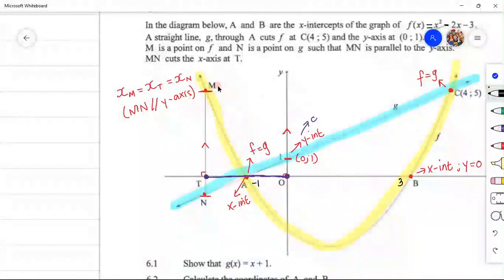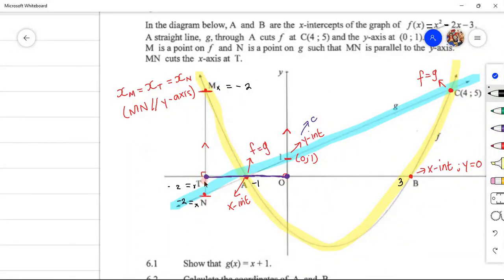So that means that m has an x value of negative 2, t has an x value of negative 2, and n has an x value of negative 2. Because we previously stated that the x value of m, t, and n are the same.